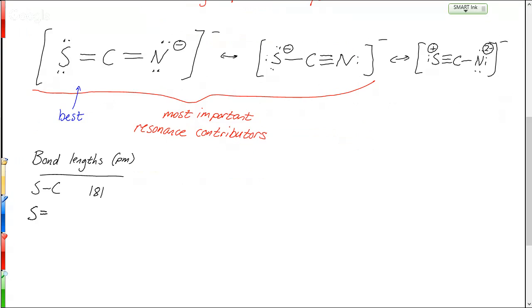A sulfur-carbon double bond is 161 picometers. A carbon-nitrogen single bond is 147. Carbon-nitrogen double bond is 128. And a carbon-nitrogen triple bond is 115. So those are just known values that I looked up from this table.